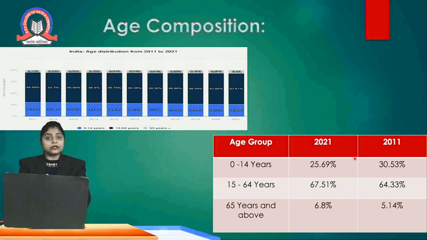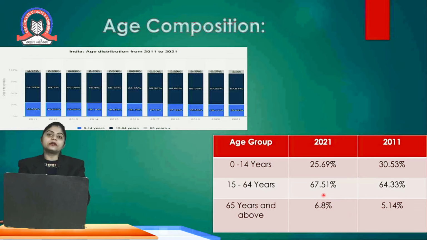In the last census, 2021, 67.51% of the population lies in 15 to 64 years, then 25.69% lies in 0 to 14 years, and 6.8% lies in 65 and above. So we can see that the majority, around 68% of the population, are the independent population.